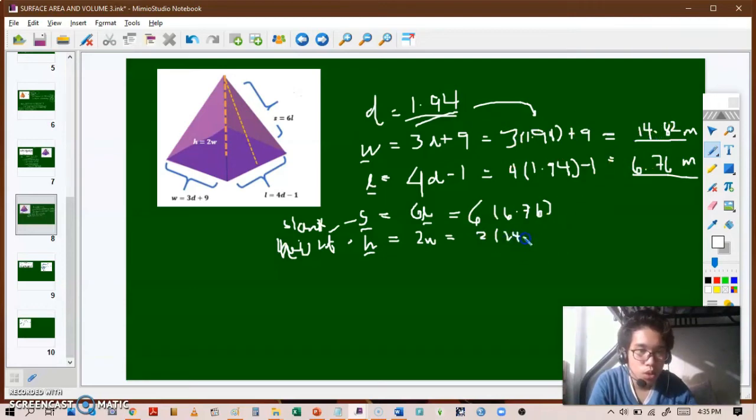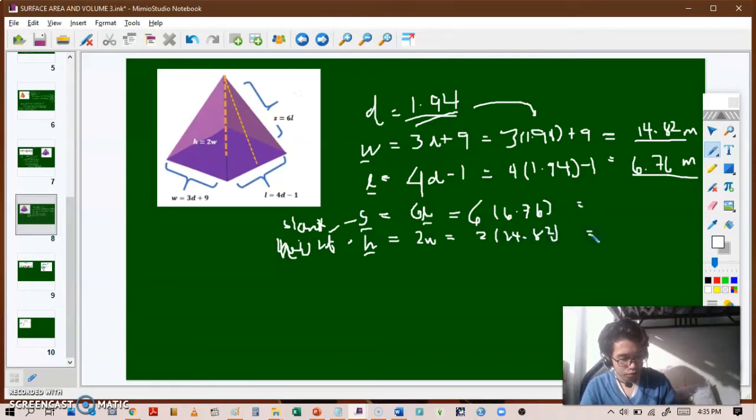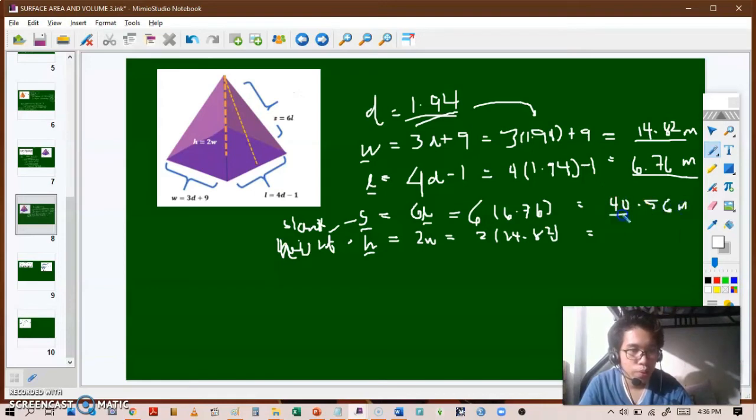So 6 times 6.76 gives you 40.56 meters. This is the slant height of the pyramid. And then 2 times 14.82 is the height of the pyramid itself, which is 29.64 meters.